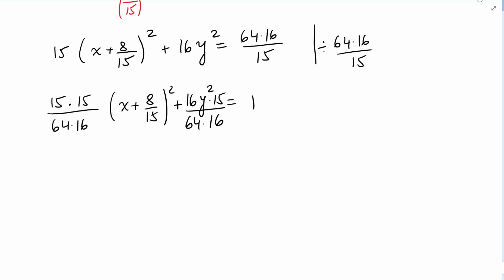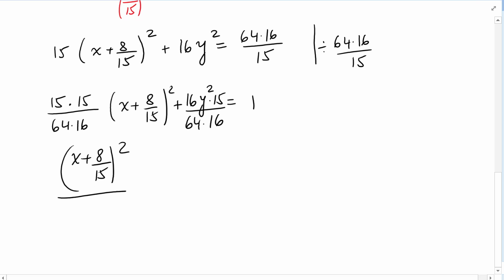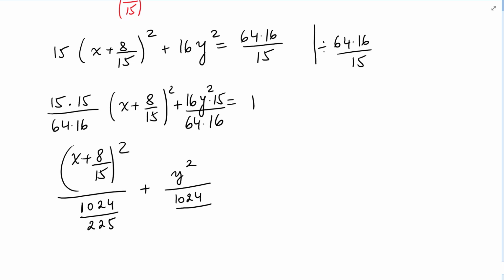So we get x plus 8 over 15 to the second over 1024 over 225, plus y squared over 1024 over 16 times 15, 240, equals 1.